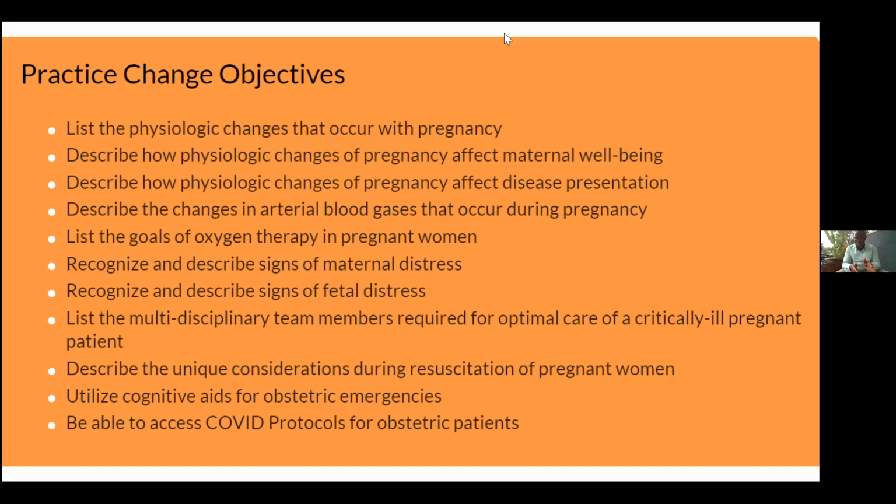We can use nasal prongs, a normal mask with reservoir, Venturi mask, non-rebreather mask, up to the NIV, even though it is quite controversial. And if there is any discussion for intubation, we need to do it very fast and on time, because the risk for desaturation is quite high, and losing the airway, and the risk of death.